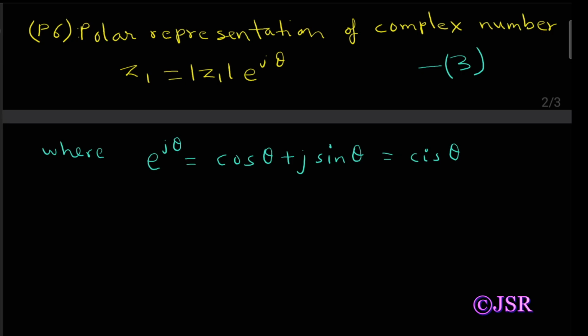C represents cos, I represents imaginary number, S represents sin, and that is cis theta equal to e to the power j theta, that is cos theta plus j sin theta. And this is known as Euler's formula.